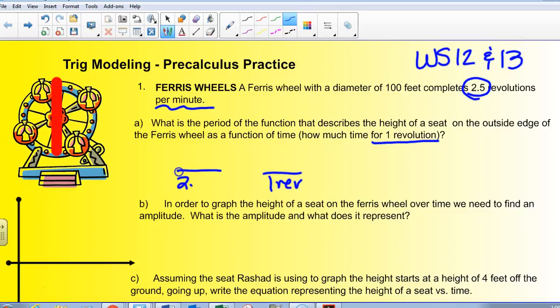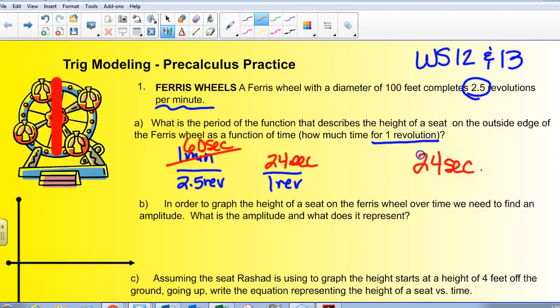So in 2.5 revolutions, it was 1 minute, but just so that he didn't have a tiny decimal, Sam was thinking, and he switched this to 60 seconds. So 60 divided by 2.5 is... So the answer to part A is 24 seconds.